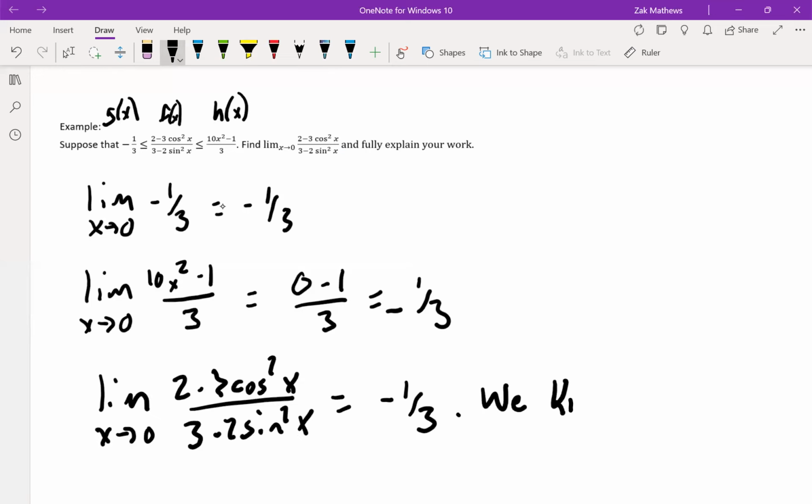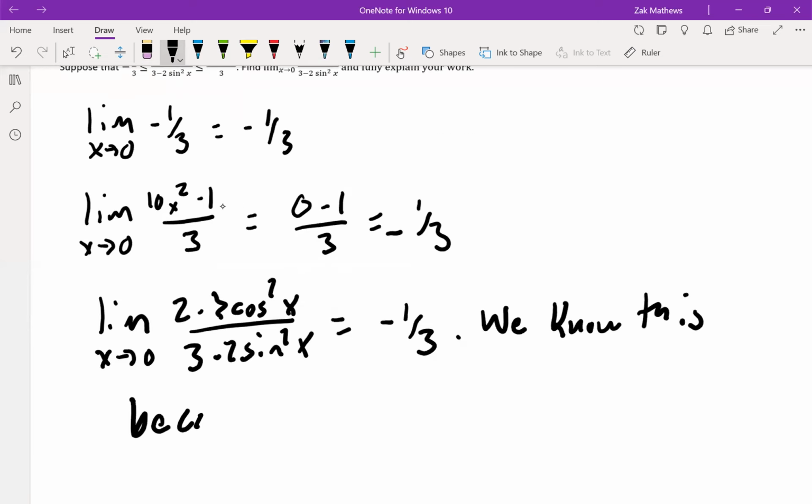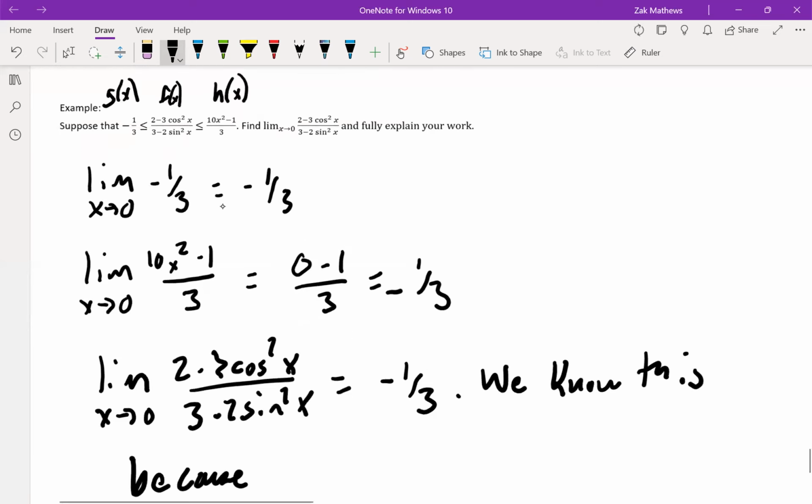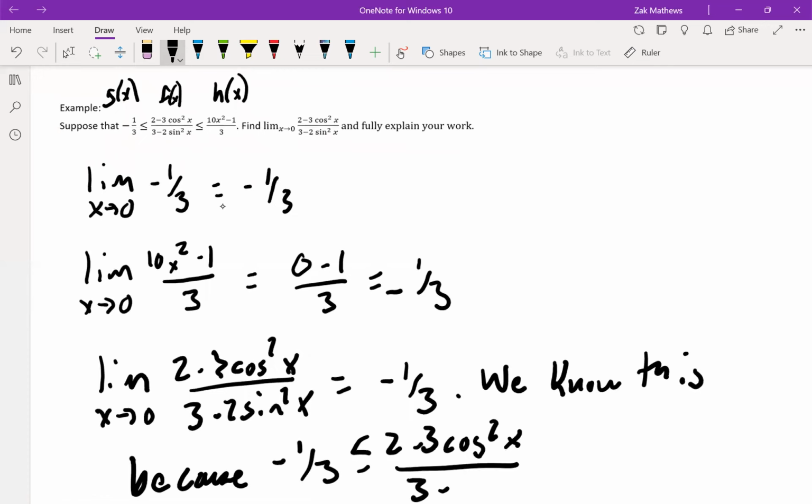We know this because we know the inequality, negative 1/3, always to be less than or equal to 2 minus 3 cosine squared x over 3 minus 2 sine squared of x, less than or equal to 10x squared minus 1 over 3.